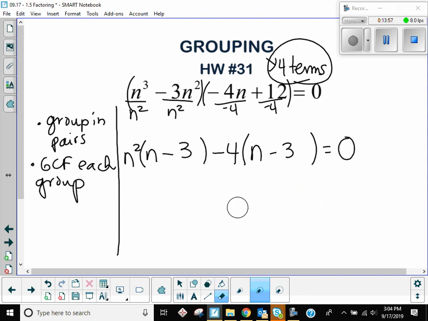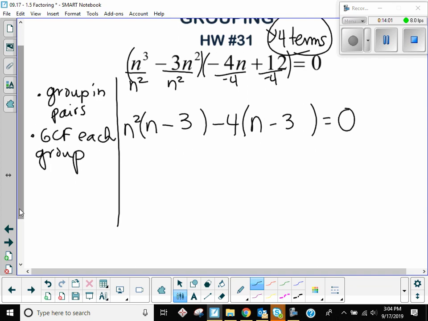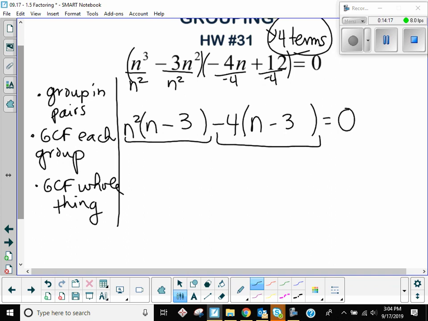All right, so here we go. So now what we're going to do is GCF the whole thing. Looking at this term compared to this term, they have what in common?